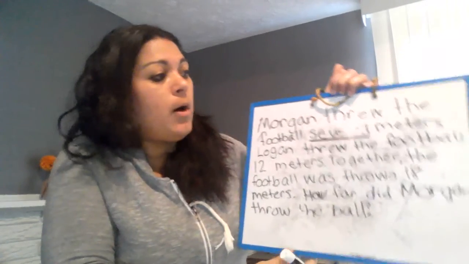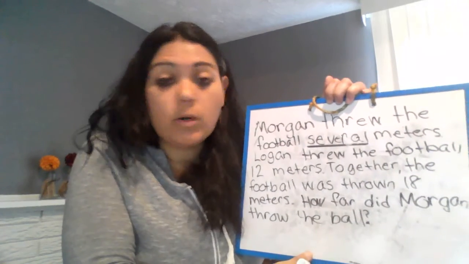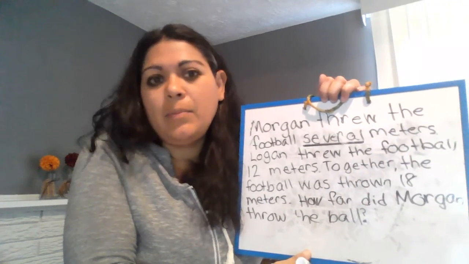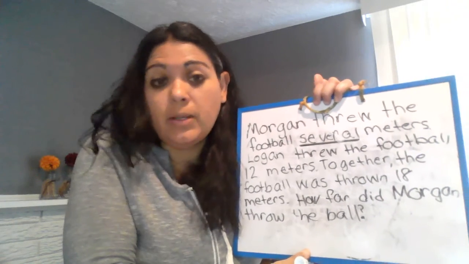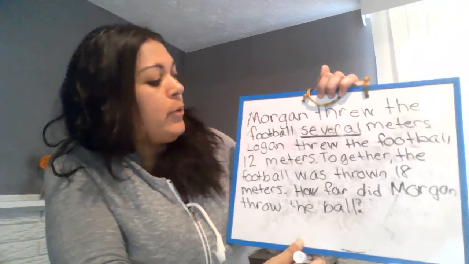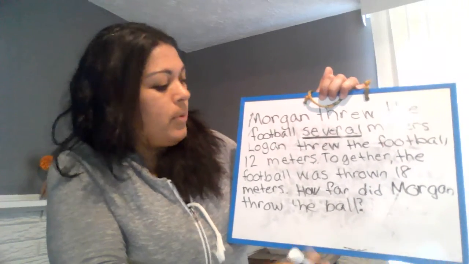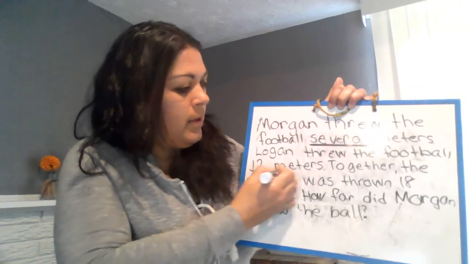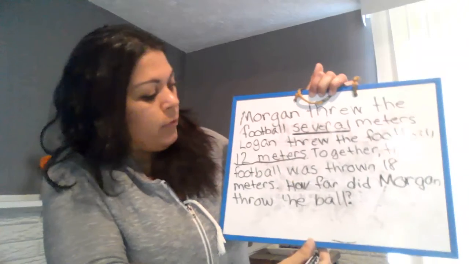Morgan threw the football several meters. You will hear that word several or few. That means we don't know the exact amount. Okay, so this is going to be our unknown amount. He threw it several meters. Logan threw the football 12 meters. Together, they threw the football.